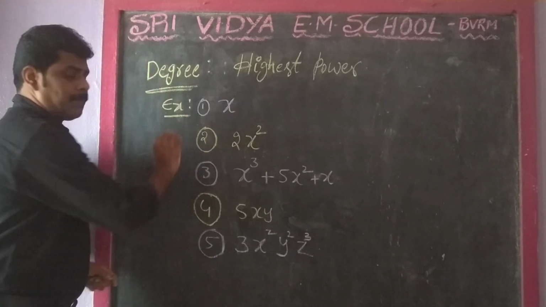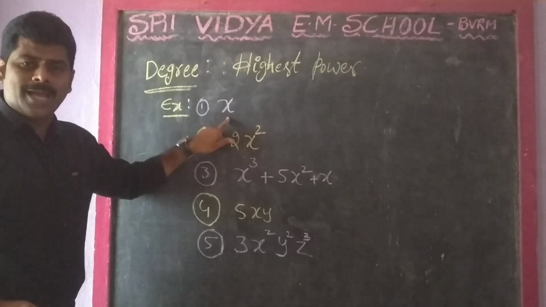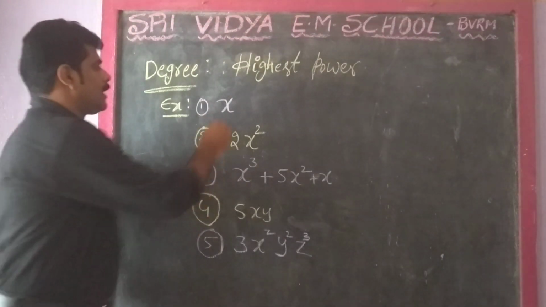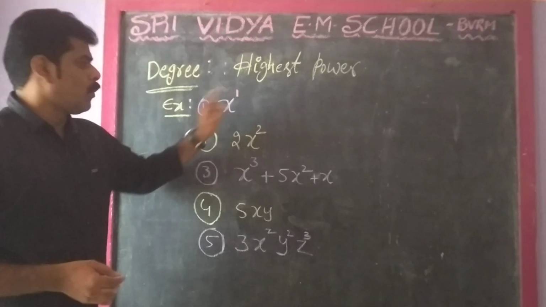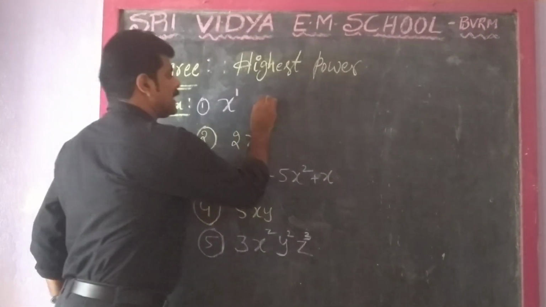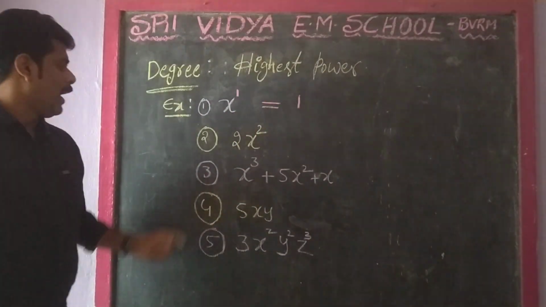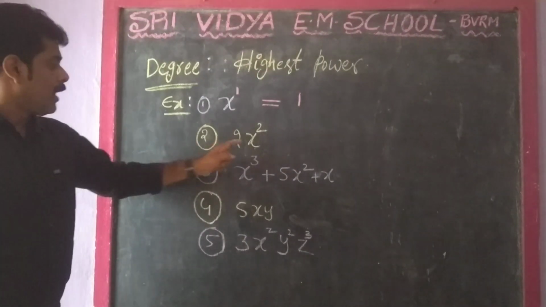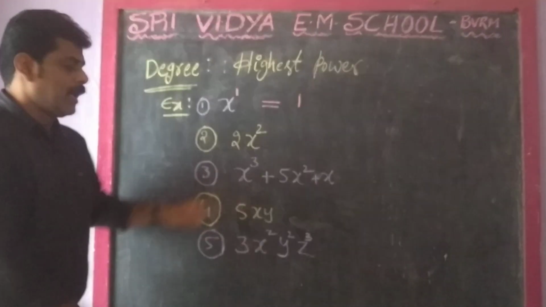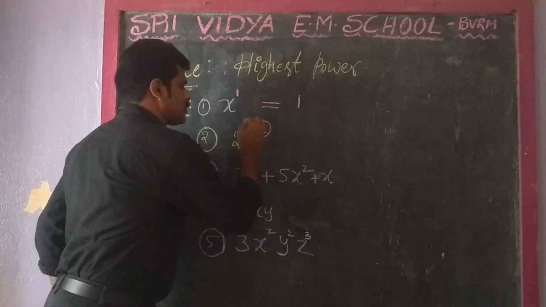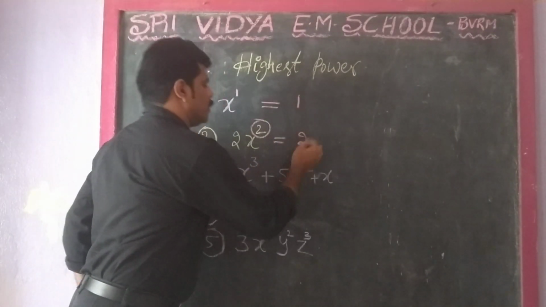Look at the examples. It is a monomial. Here the term is x. Its exponent is 1, so its degree is 1. In the second example, 2x square, the exponent of x is 2, so its degree is 2.